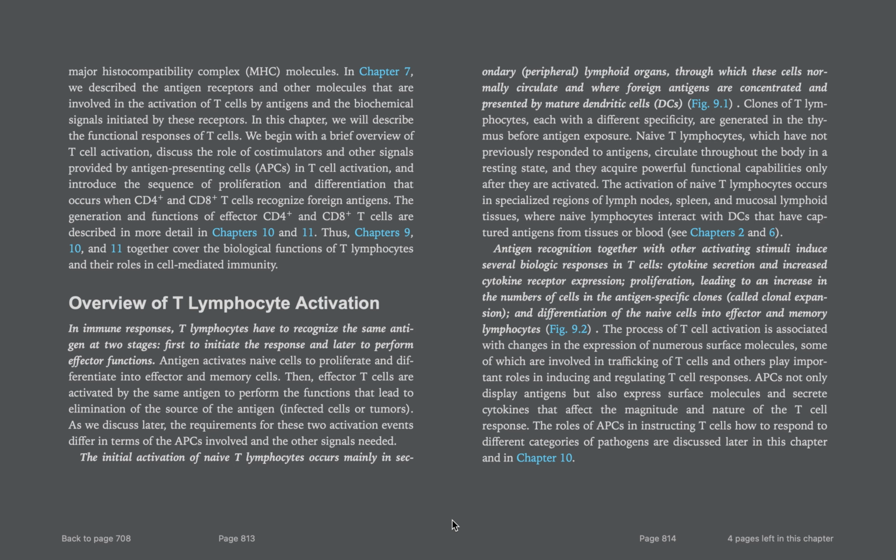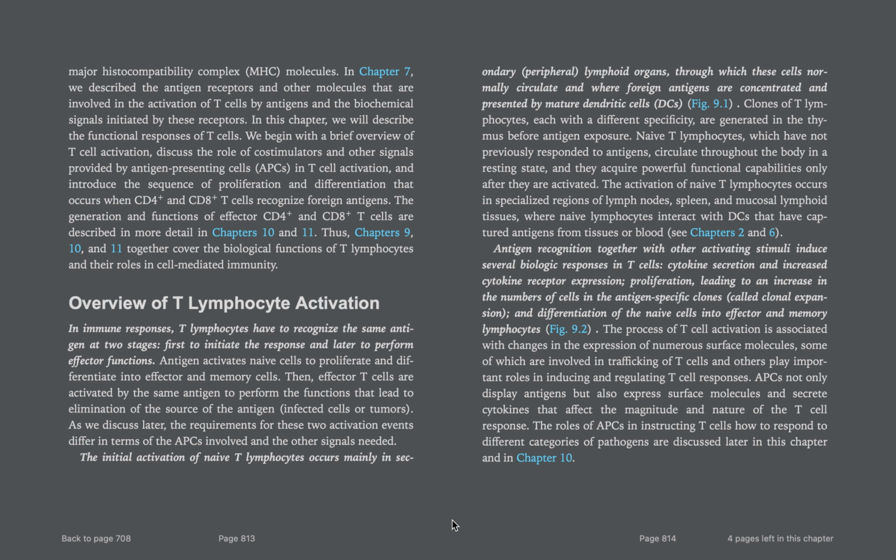Clones of T lymphocytes, each with a different specificity, are generated in the thymus before antigen exposure. Naive T lymphocytes, which have not previously responded to antigen, circulate through the body in their resting state, and they acquire powerful functional capability only after they are activated.